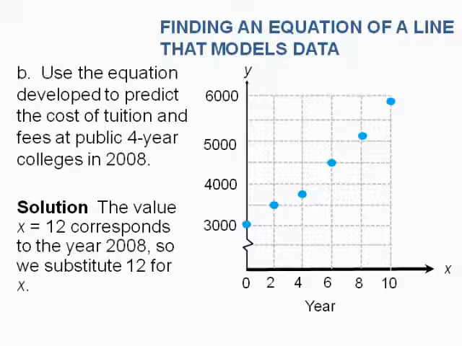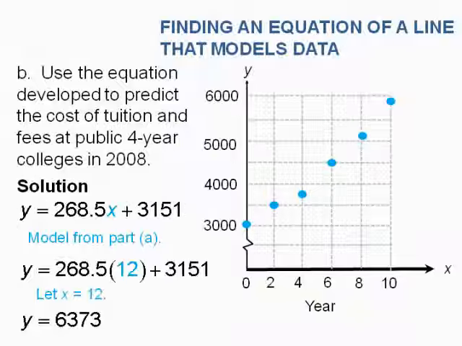That's going past our chart now. If this linear model holds, we can keep using it to go even farther out in years. Putting in 12 for x and solving, y would be 6373, the cost.